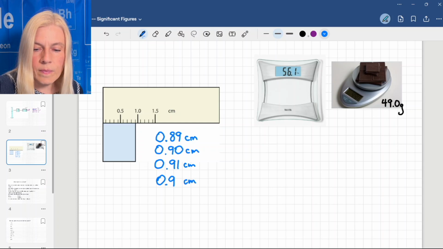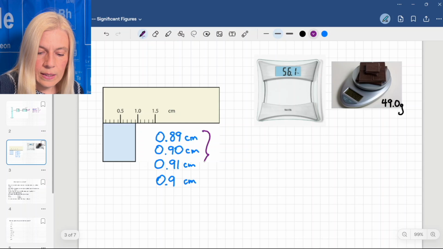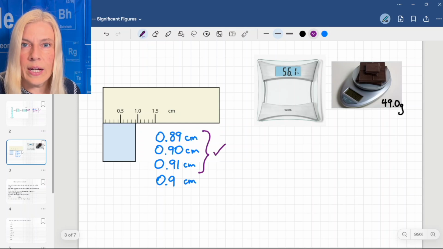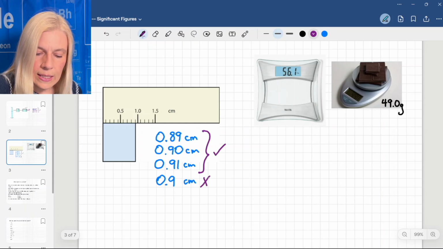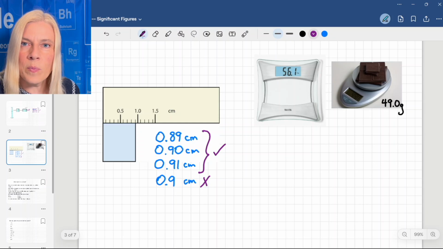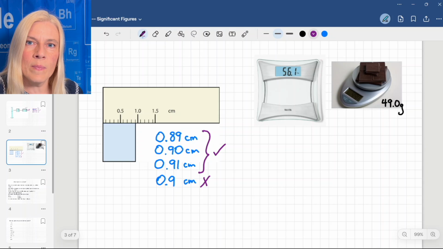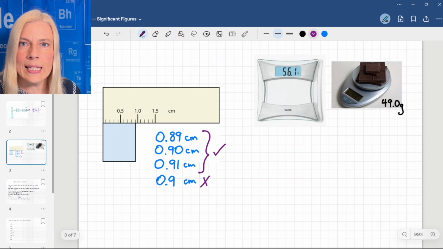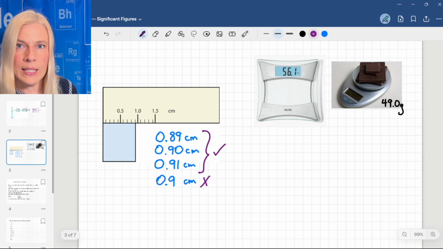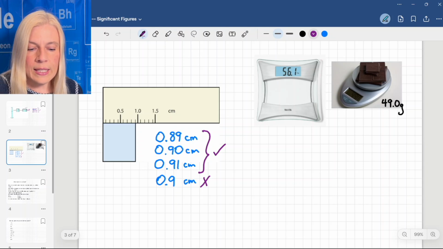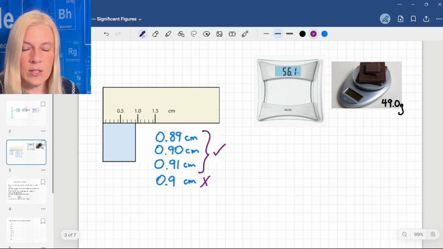Well, these are all correct. This one is not. And the reason is, for 0.9, you can tell better than that. You remember you have your tick marks at every 0.1 centimeter apart. So you can now imagine the hundredths tick marks, and you can give a little bit better estimated digit. So saying 0.90 centimeters is correct.